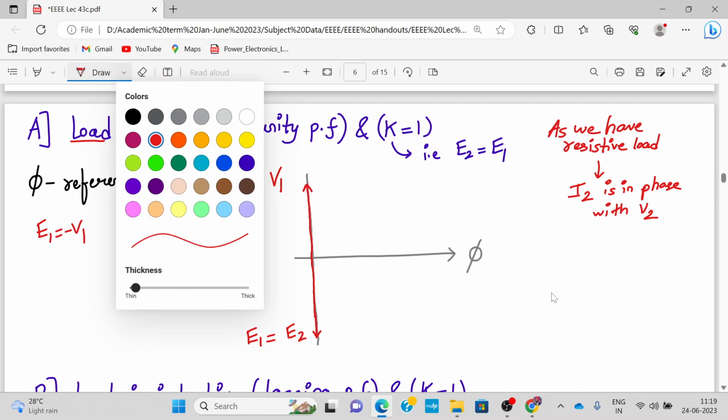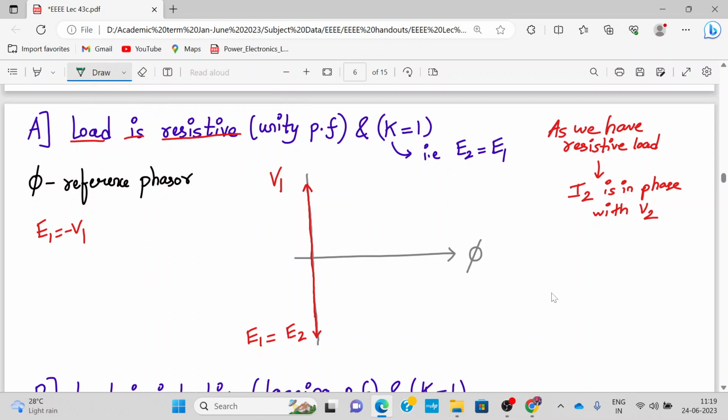That means I2 also will be here only. That means if the phase angle between them is phi 2, the phase angle is 0. Is this clear?